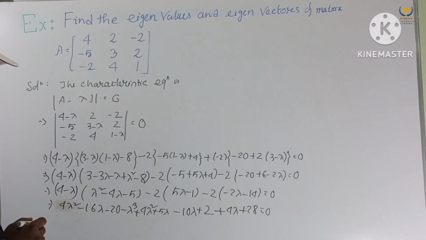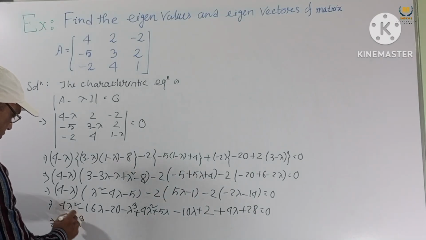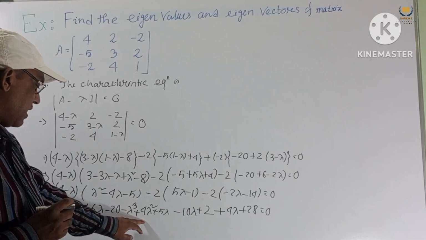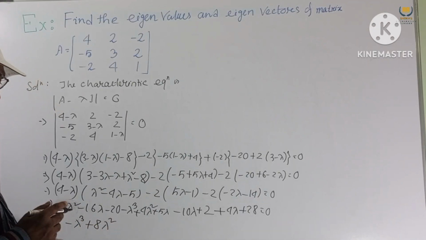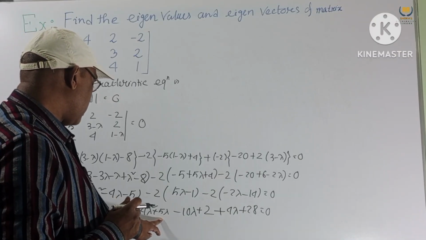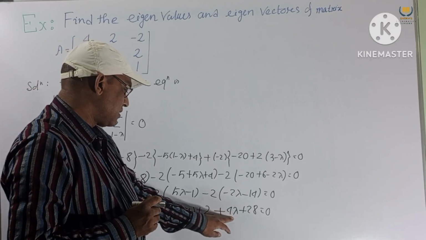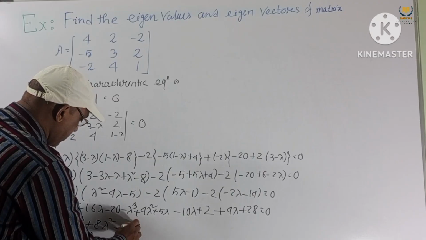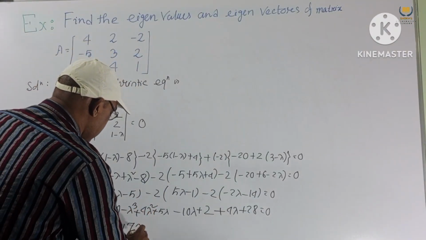We get this one, and this implies minus lambda cube, and lambda square terms 8 lambda square, and lambda terms minus 16 lambda plus 5 lambda minus 11 lambda minus 21 lambda plus 4 lambda, so minus 17 lambda, and minus 20 plus 28, this is 8.